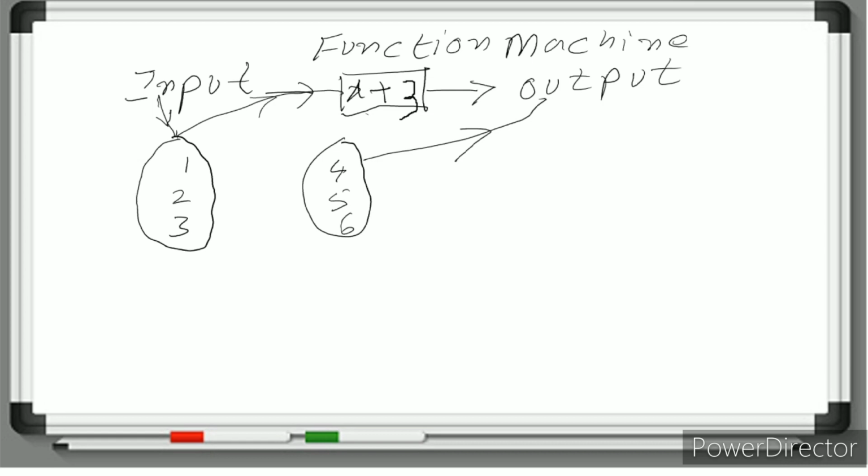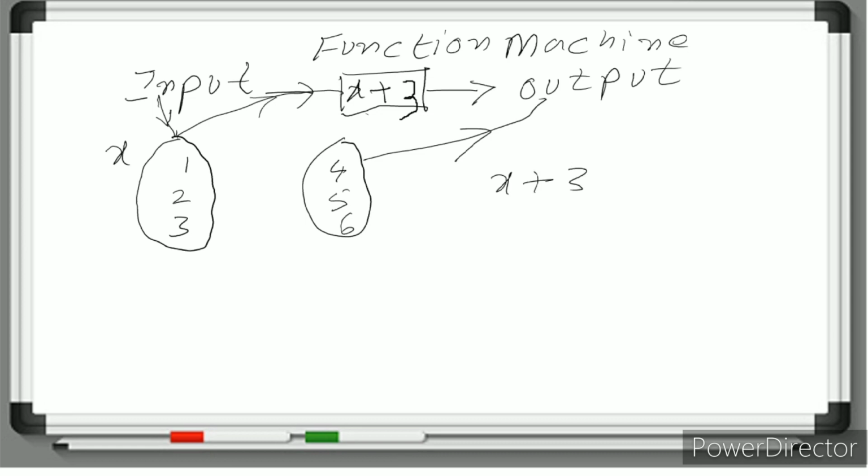We call these values of the input x, boys. Now I will show you. It's a very nice topic actually, functions. So the input values we call x. Now the rule is x plus 3.